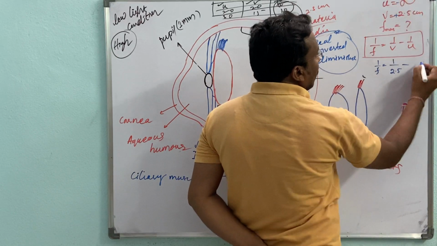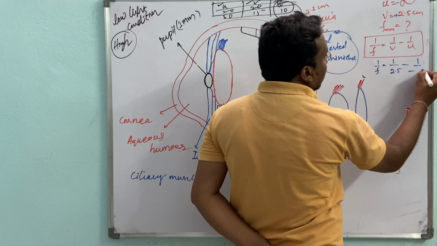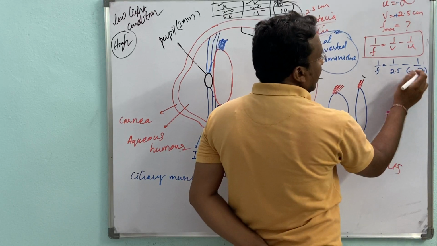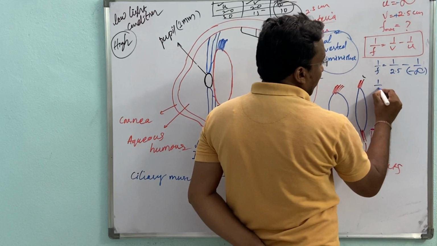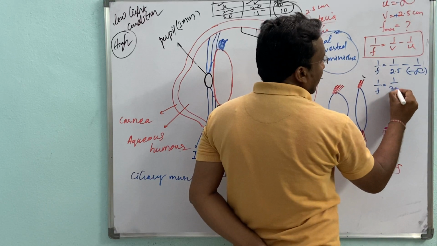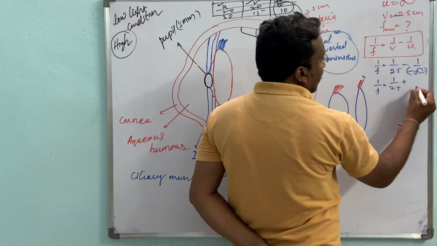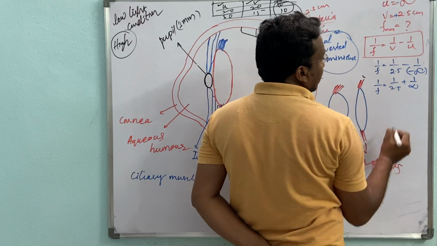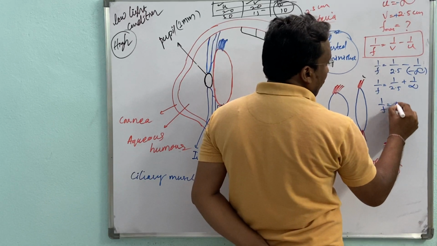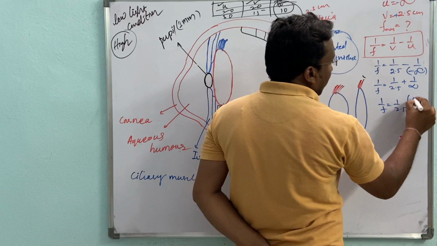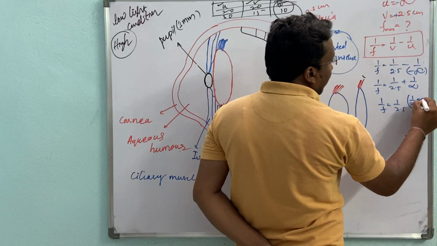Minus u equals 1 by minus infinity, minus of minus infinity, right? 1 by f equals 1 by 2.5, minus into minus becomes plus infinity, and 1 by f equals 1 by 2.5. Why? Because 1 by infinity equals 0.